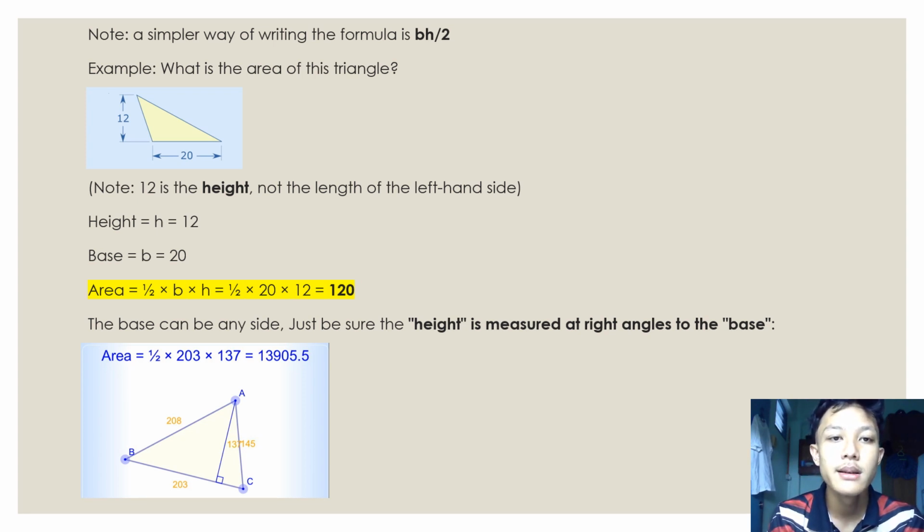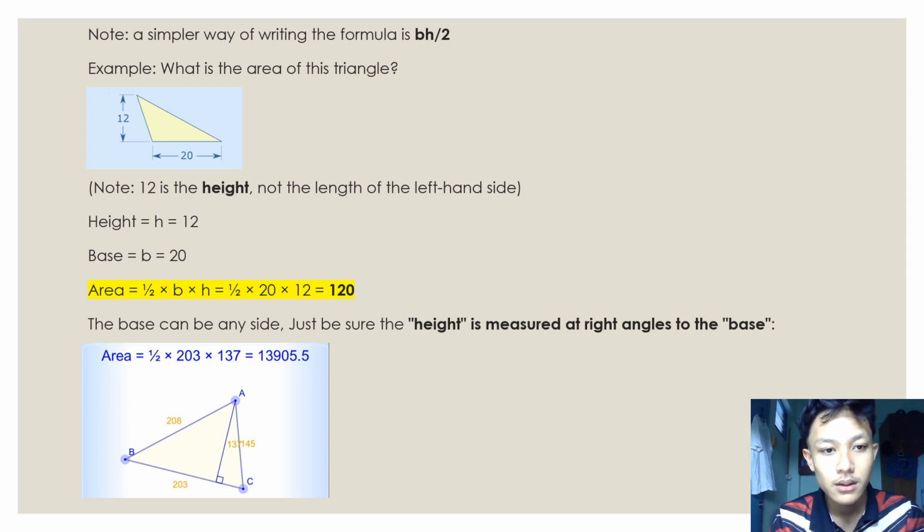Example: what is the area of the triangle? As you can see in the picture, note that 12 is the height, not the length of the left-hand side. Height H equals 12. Base B equals 20.